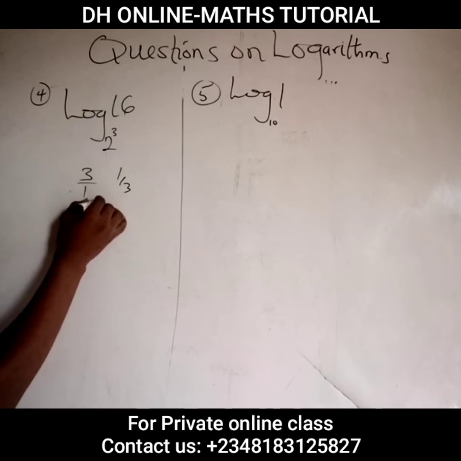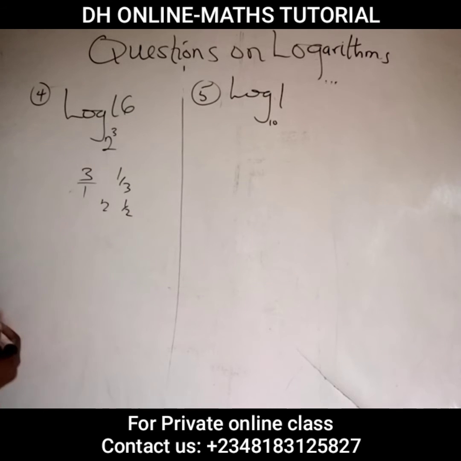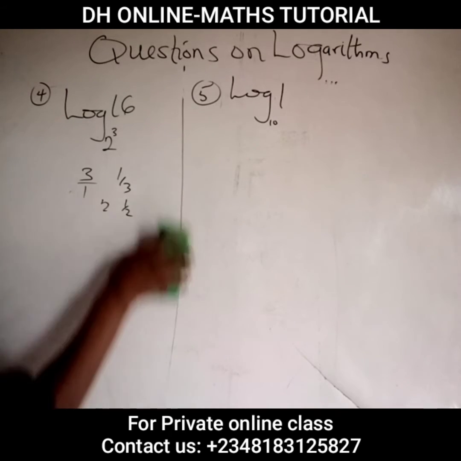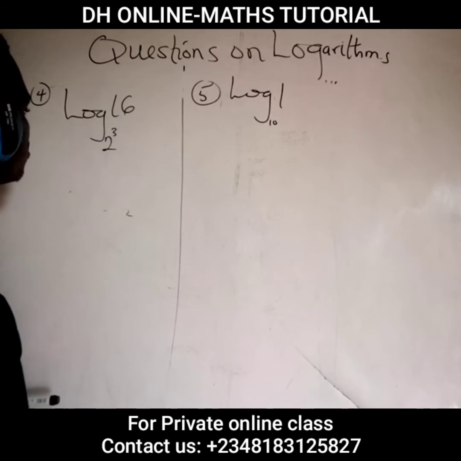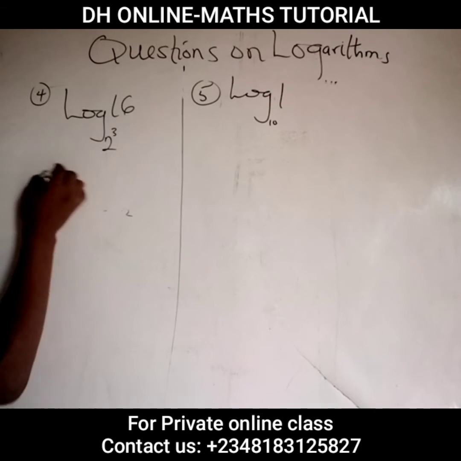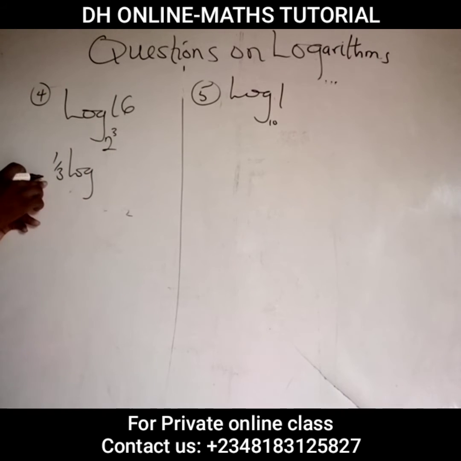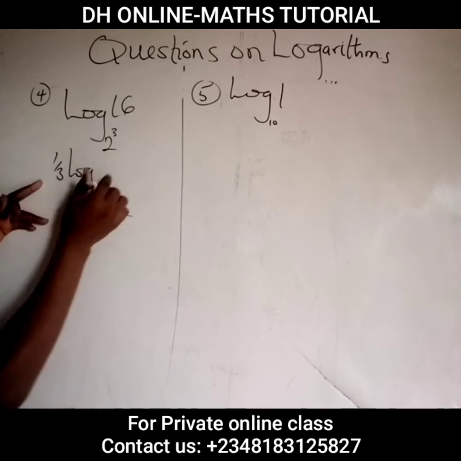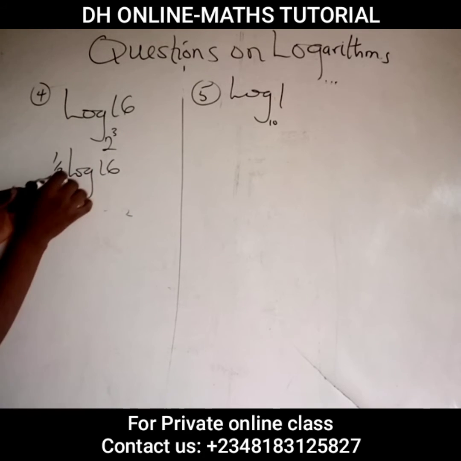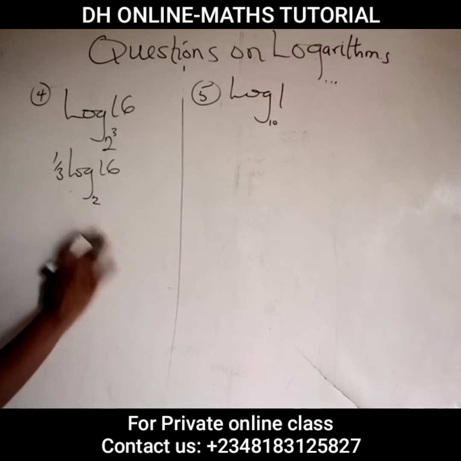The reciprocal of 2 is 1 over 2. So that's what we're going to do here: the reciprocal of 3 becomes 1 over 3, and that 1 over 3 comes to the front of the log. You get it now? So you have 1 over 3 log 16 to the base of 2. So that has been sorted out.